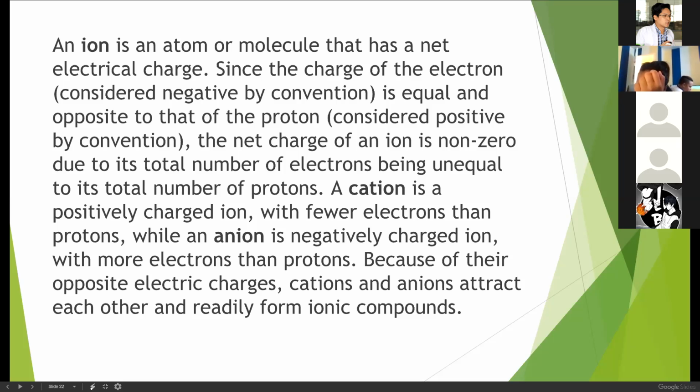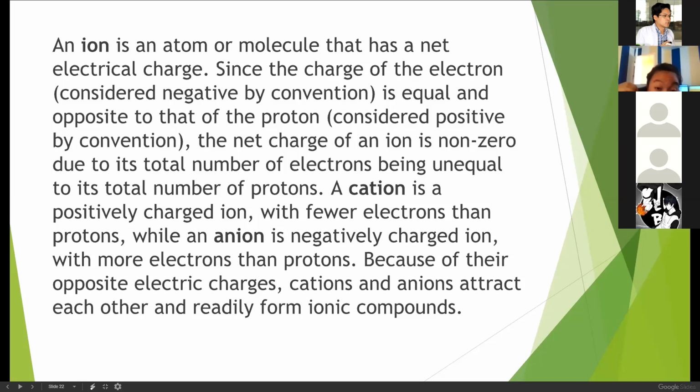Because if you deduct the negative charge from the positive charge, the result is non-zero and higher. So in a cation, the positive charge is higher than the negative charge. While an anion is a negatively charged ion with more electrons than protons.